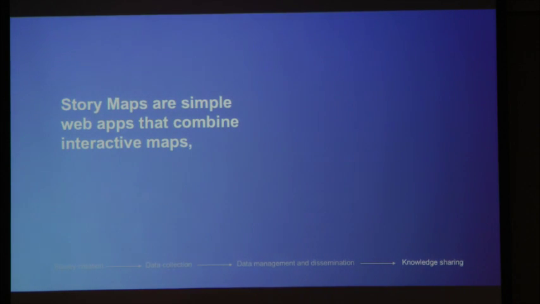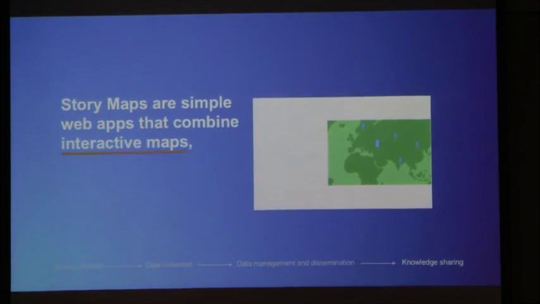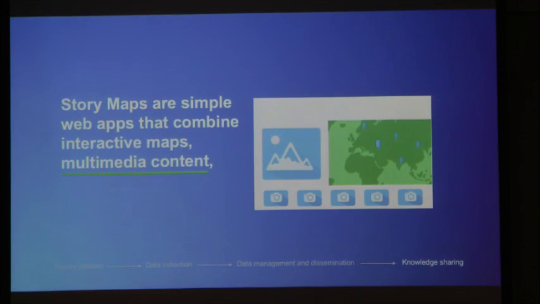And I'm going to talk about ArcGIS Online in the demo, and I'll look at story maps as well. Story maps are simple web maps that combine interactive maps, multimedia content, so you can add in YouTube videos, you can add in images from Flickr or Facebook. You can add in actual websites.